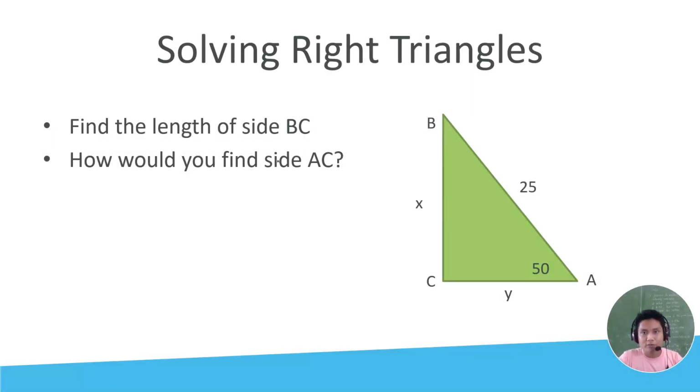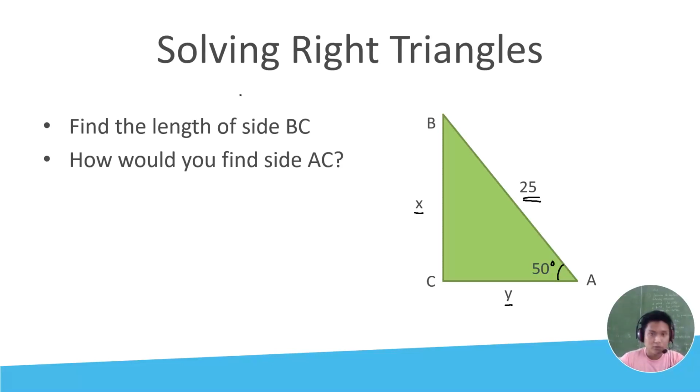Let's try to solve this right triangle by using those fundamental trigonometric functions. Find the length of side BC or this distance X and find the side AC or the side Y or the distance of Y. Given angle is 50 degrees and a hypotenuse of 25.